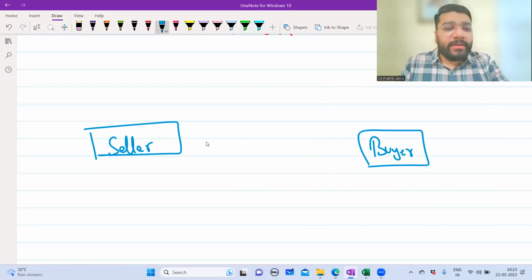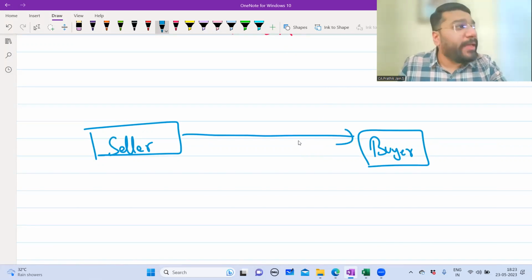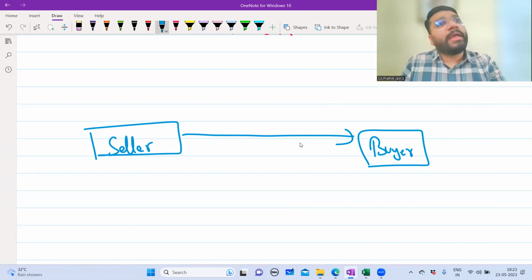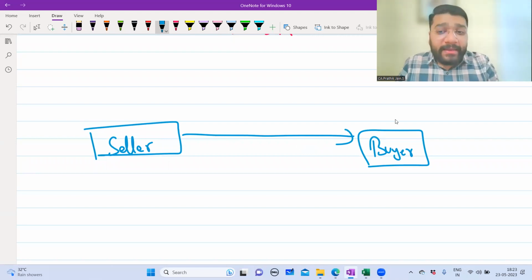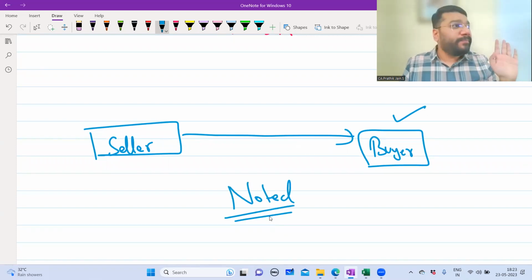So in case one, the seller is presenting the bill to the buyer and the buyer is saying, get lost, I'm not paying the money because I've become insolvent. Or he can give you any other reason. Now, guys, whatever reason the buyer is giving for not paying the money, that reason you should get it noted. Noted means captured.